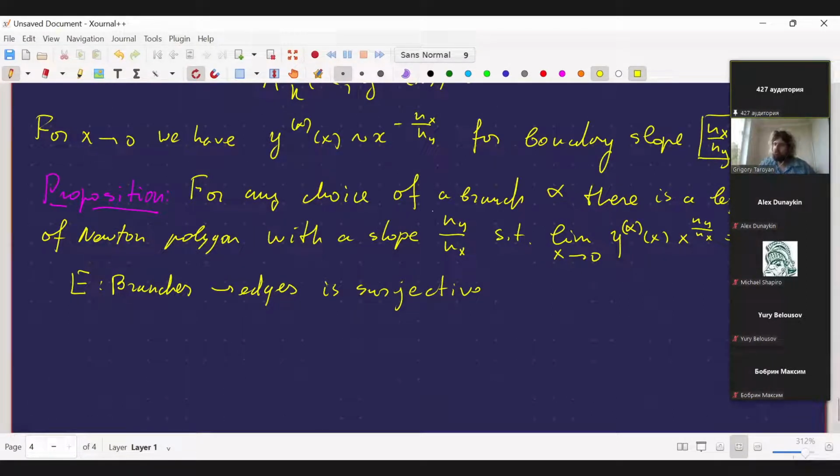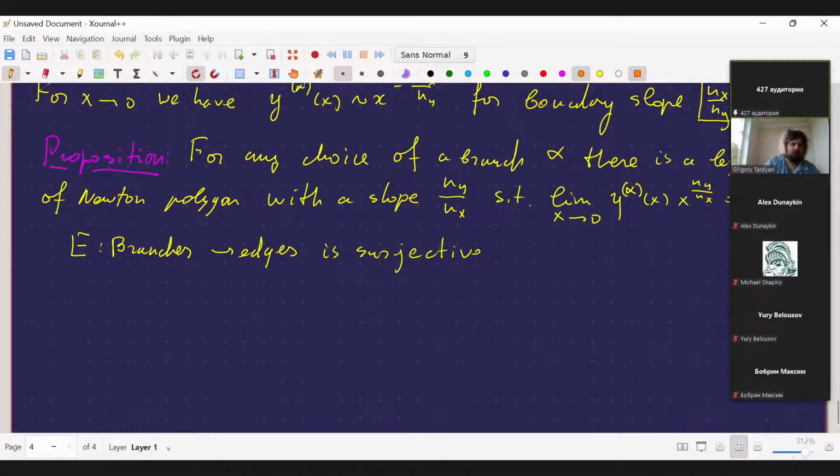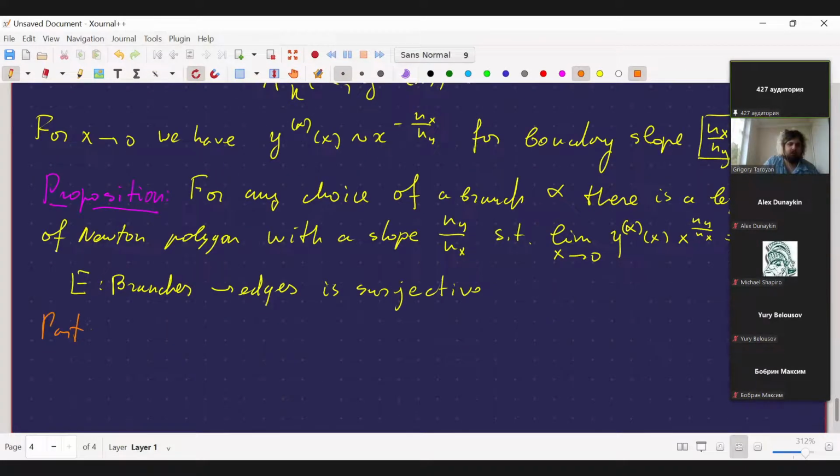Okay, so basically we established this relationship between edges of the polygon and branches of the solution for a polynomial. And now we can pass to the quantum situation. So, part 9, I guess.